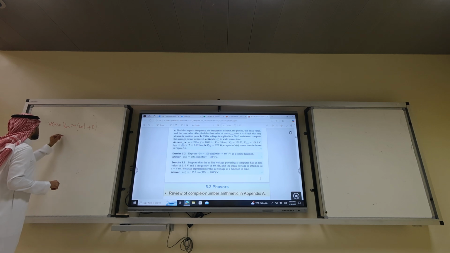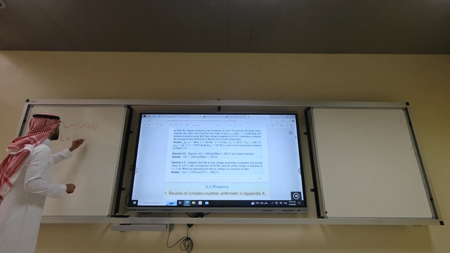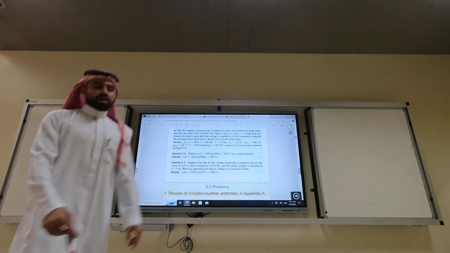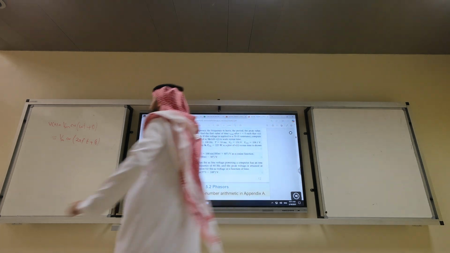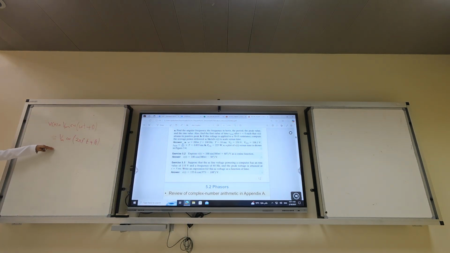Or we can rewrite it as Vm cosine of 2 pi f t plus theta. My question is, what are the variables here that can define the cosine signal that varies from one signal to another only.